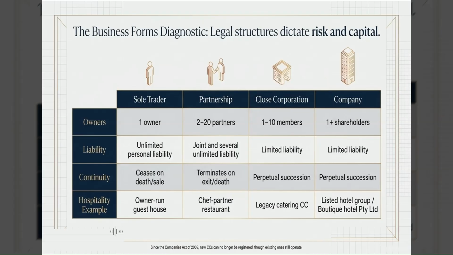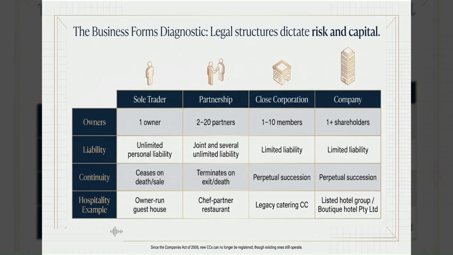It can sue and be sued in its own name, and it enjoys perpetual succession, which means it continues regardless of who comes and goes. It is taxed in its own hands at company rates.